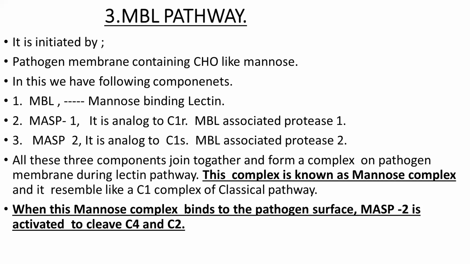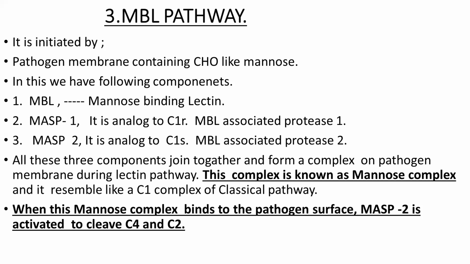The MBL pathway is initiated by the pathogen membrane containing carbohydrate like mannose or sugar. In this MBL pathway, we have the following components. Number one, MBL, which is mannose binding lectin, and MASP1 and MASP2, which are two enzymes.